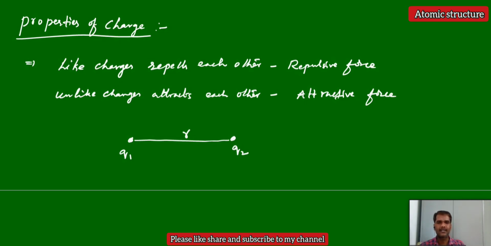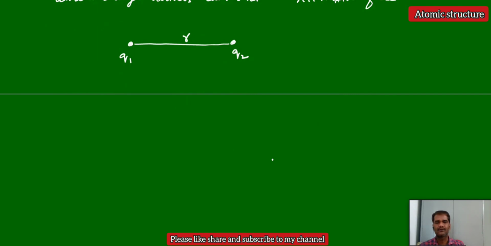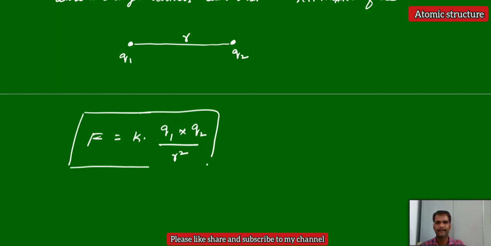Then the electrostatic force between them, according to Coulomb's law, is F equals k into q1 into q2 by r square. This is Coulomb's law.